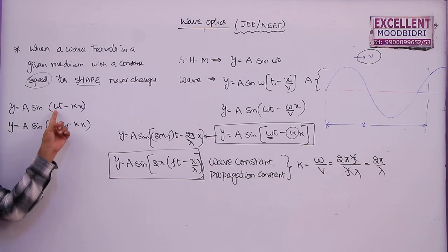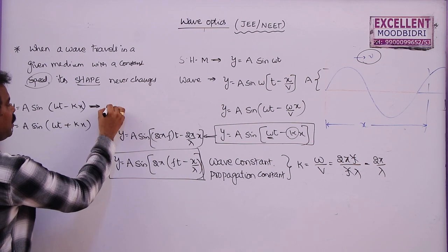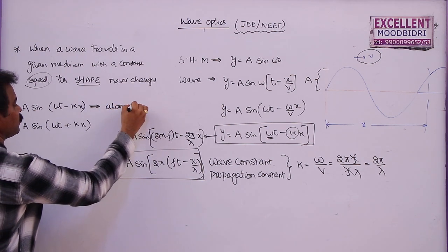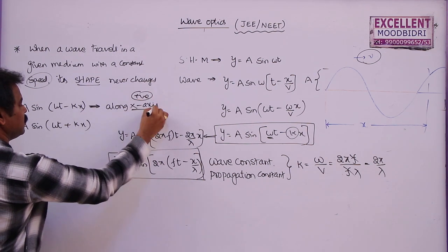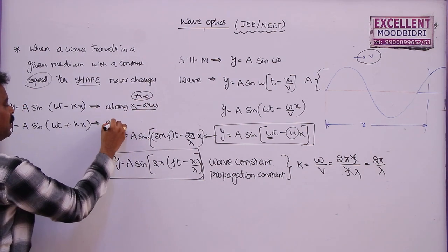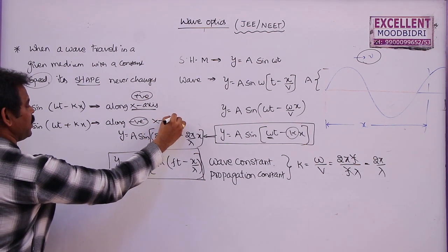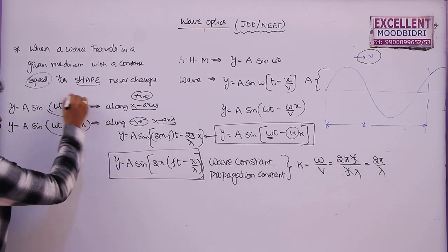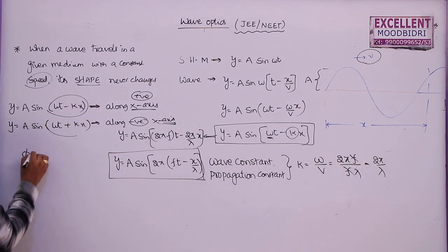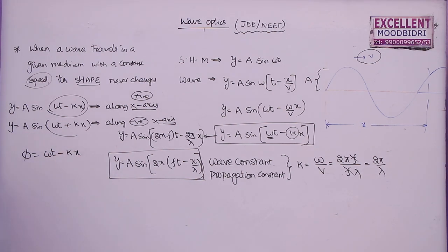When it is given as ωt − kx, this wave is said to be moving along the positive x-axis. But this one along the negative x-axis. Now, this is called phase here. So phase is given by ωt ± kx. So let me take ωt − kx.